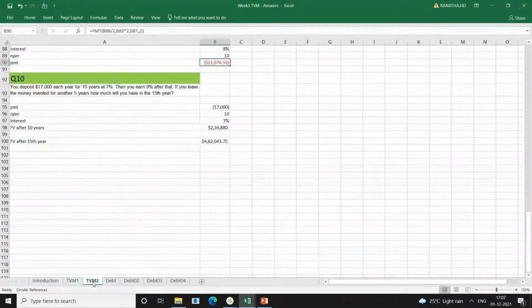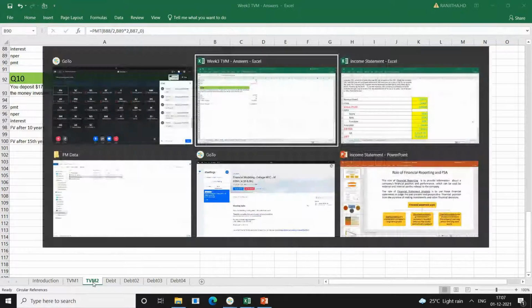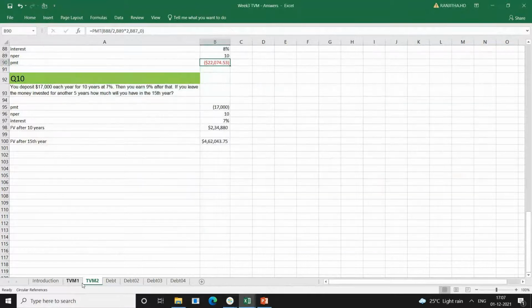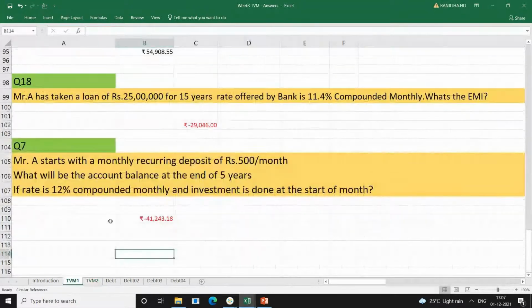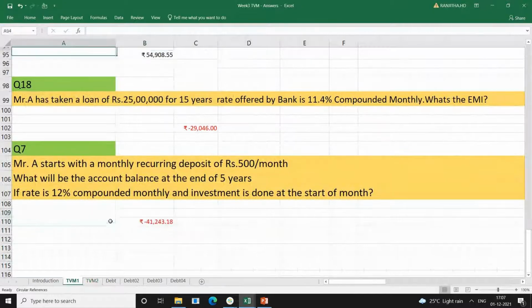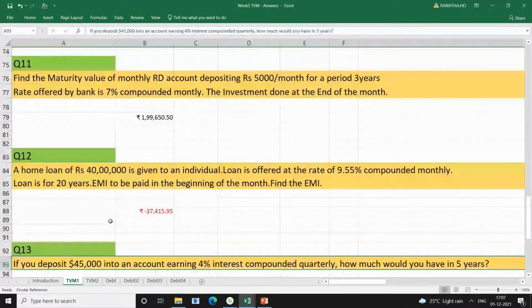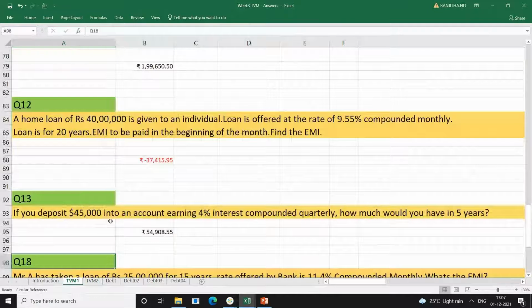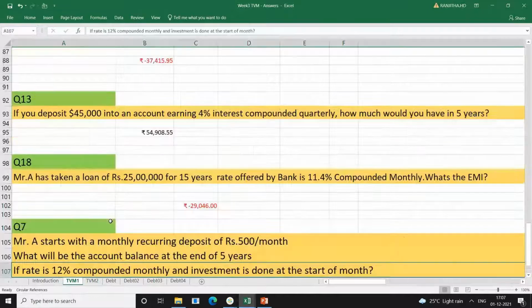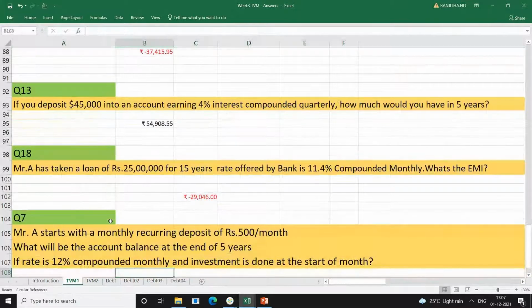Sir, can you please do the 13th question, sir? Okay. This one: if you deposit 45,000 into an account earning 4% interest, compounded quarterly. So you need to find out quarterly.